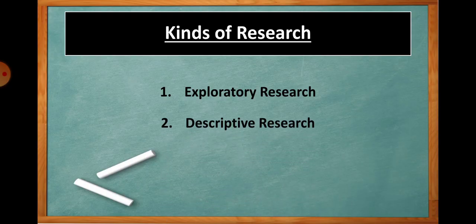Second one is the descriptive research. This merely describes the topic at hand without digging deeper into the concepts and theories underlying it. The third one is the explanatory research. This is focused on identifying conceptual and ideological links between variables.